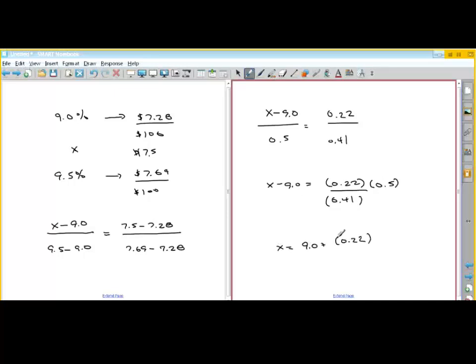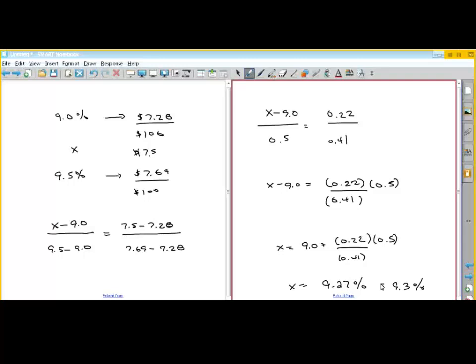And then I can add 9 to both sides. So I get 9 plus 0.22 divided by 0.41 times 0.5. And I should get some number between 9 and 9.5, about halfway between, just kind of ballparking. So 0.22 divided by 0.41 times 0.5 is 0.268 plus 9, and I get 9.27%, or you might be able to round it off to 9.3%.